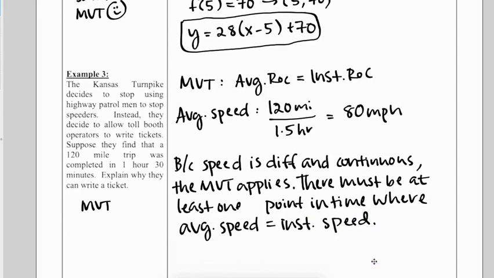And so at least once the person had to have been driving 80 miles per hour.